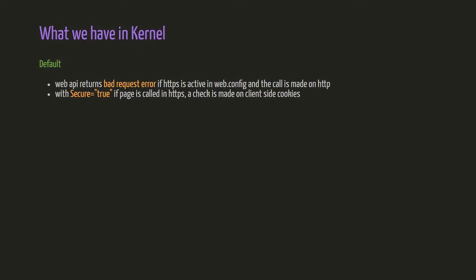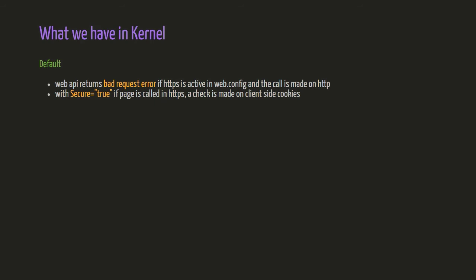Regarding transport layer security, in kernel we already have some things. Web API returns bad request error if HTTPS is active in a web config and the call is made on HTTP only.